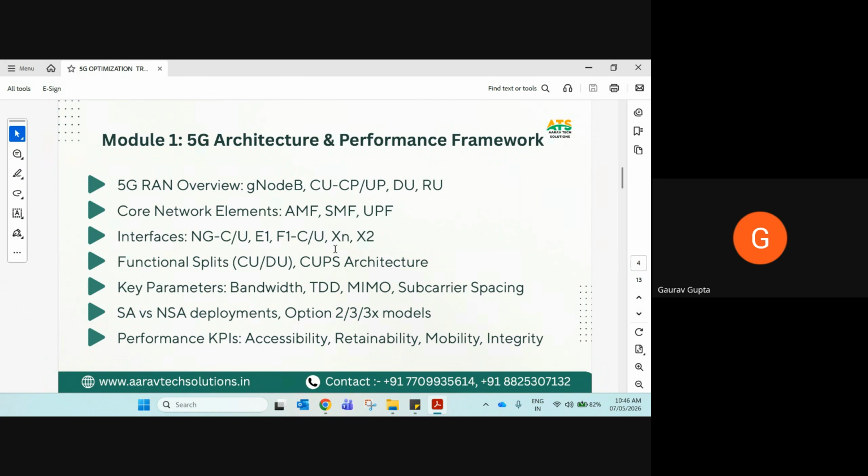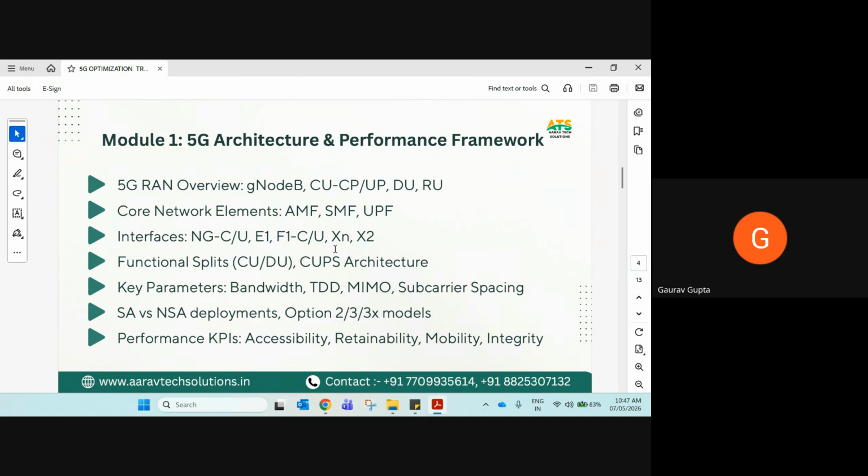Because of frequency range 2, 5G can support higher bandwidth applications, which means it also supports a higher modulation coding scheme, for example 256 QAM. This was not there in LTE. LTE Advanced or LTE Pro supports 256 QAM, but 5G natively supports 256 QAM, that is the higher modulation scheme.